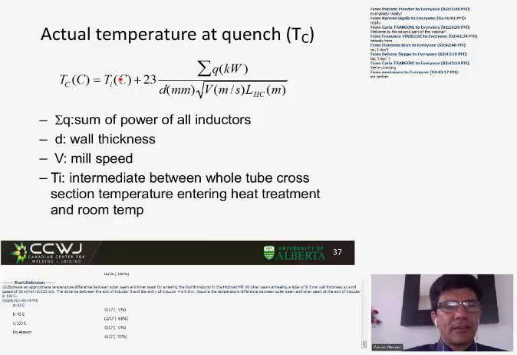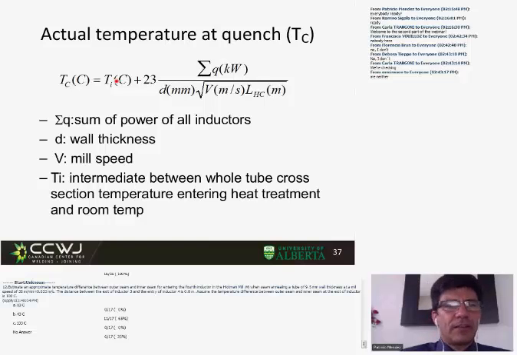In this formula, the most important part is TI, the intermediate temperature. This is the one Deborah Tiepo was asking me questions about. This intermediate temperature is the temperature of the tube far from the seam, the side opposite to where the seam is.